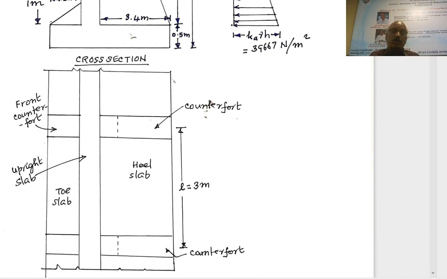Between the two supports, we will consider any 1 meter, because the distance between the counterforts is 3 meters. Therefore, the counterfort will not come into the picture in the calculations now.